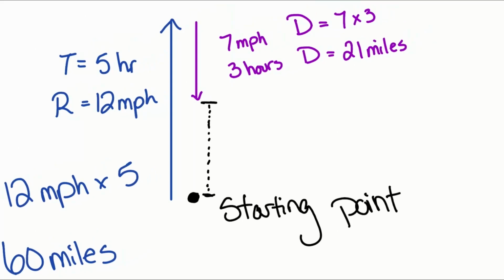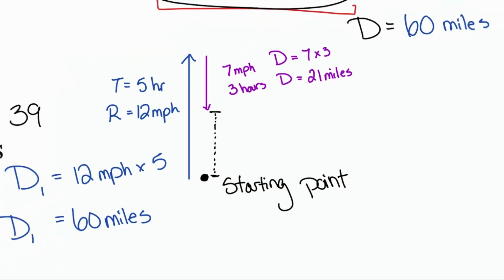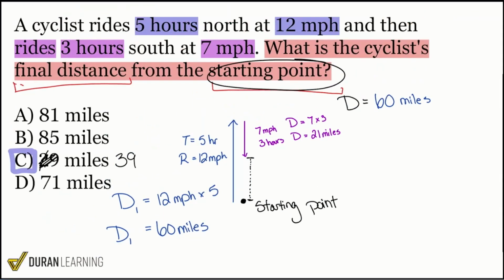So does that part right there really make some more sense? Because the numbers, the calculating, the typo, that can all be forgotten. But what's really going to establish that confidence is the reasons why. That's really going to be it. So going up or north 60 miles, then back south 21 miles, that tells us that we have to subtract to figure out where we are, the key word being the starting point. 60 minus 21, everybody, is going to be what?